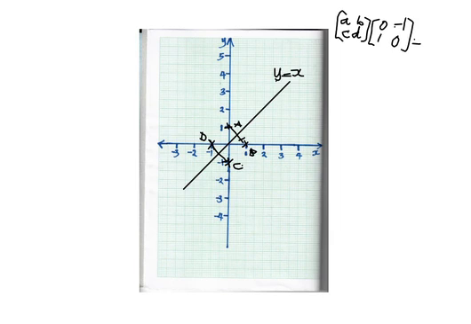So this should give us the image matrix, which is B, 1, 0, and C, which is 0, negative 1.